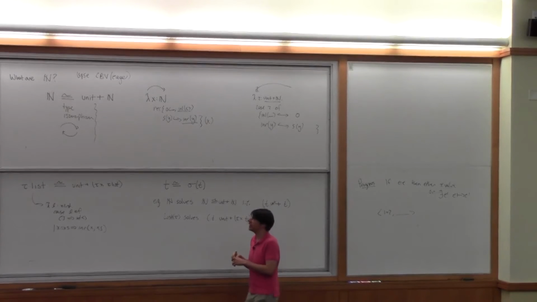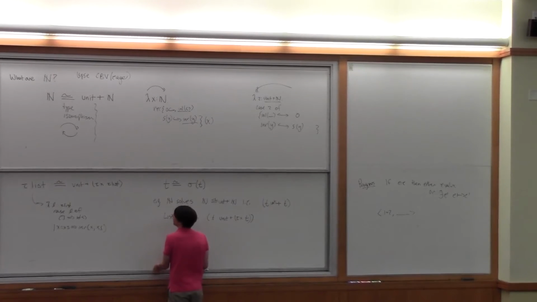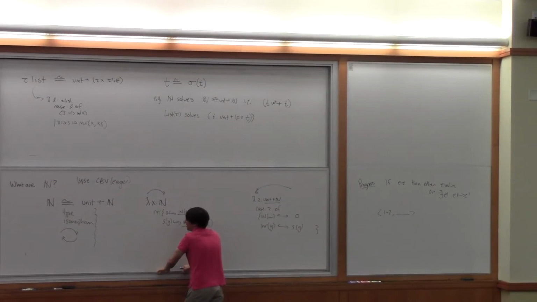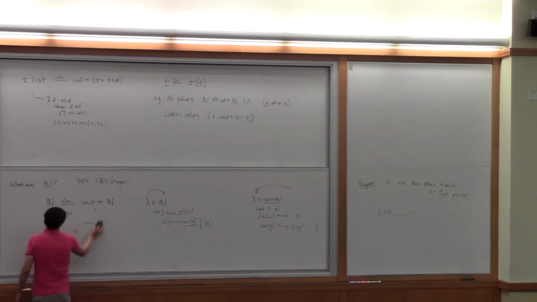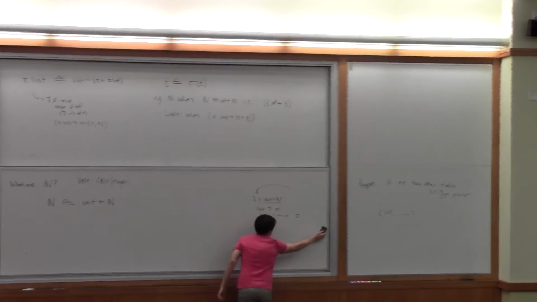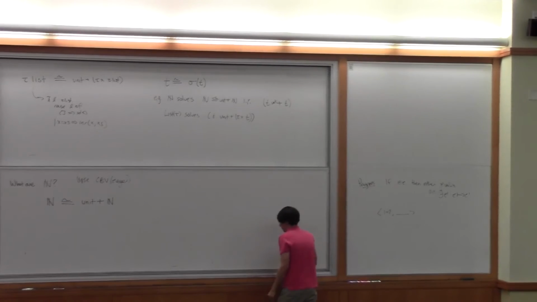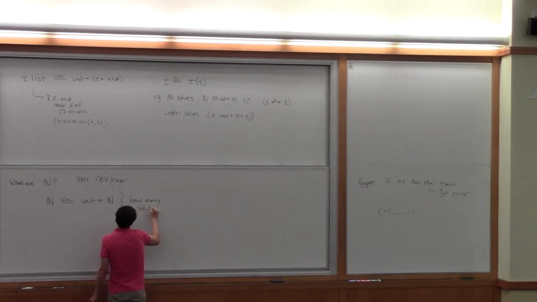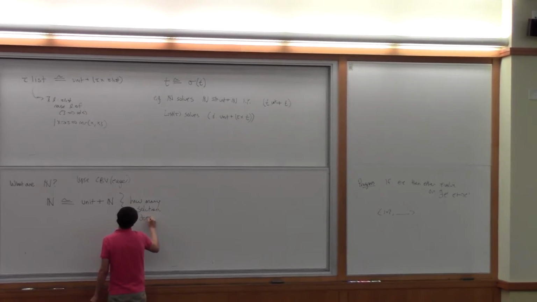And note that n and list are solutions to those equations. Okay, now the thing I keep stumbling over, because I haven't said it yet, is the idea of, given an equation like this, how many solutions does it have?